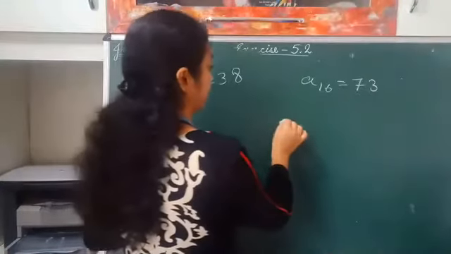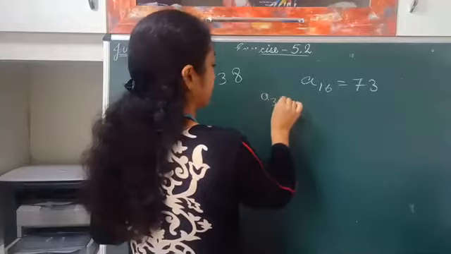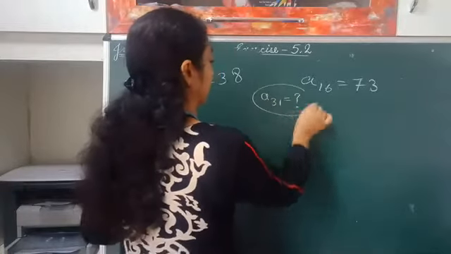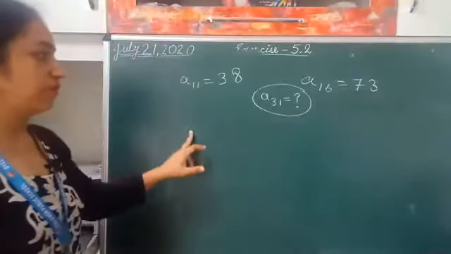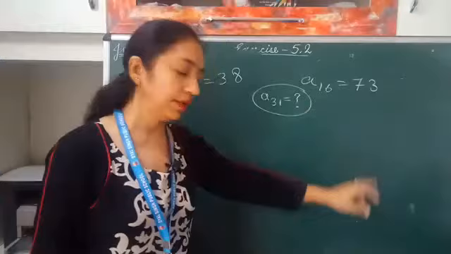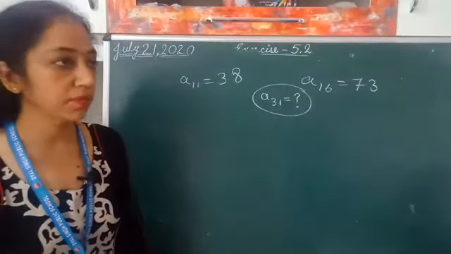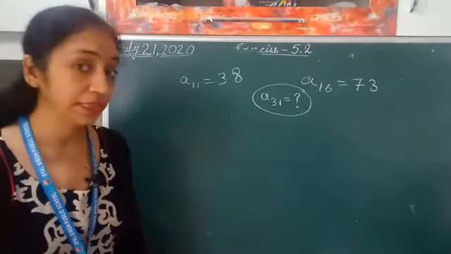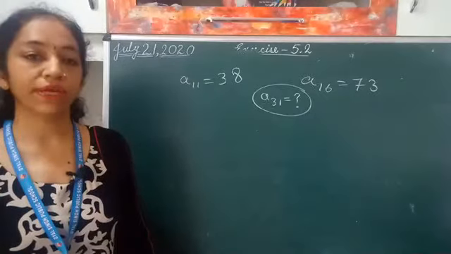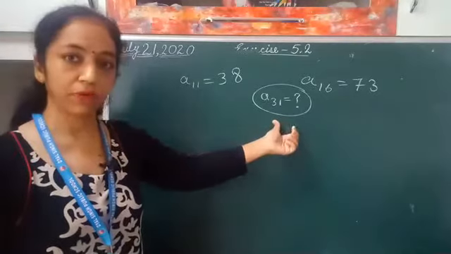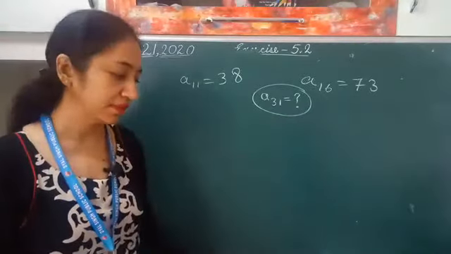We have to find out the value of A31. You will get one equation from here, one equation from here, and दोनों equations को आप elimination लगाकर solve करेंगे. You will get the value of A and D, and when you will get the value of A and D, you will put that formula A plus 30D, and you will get the 31st term.